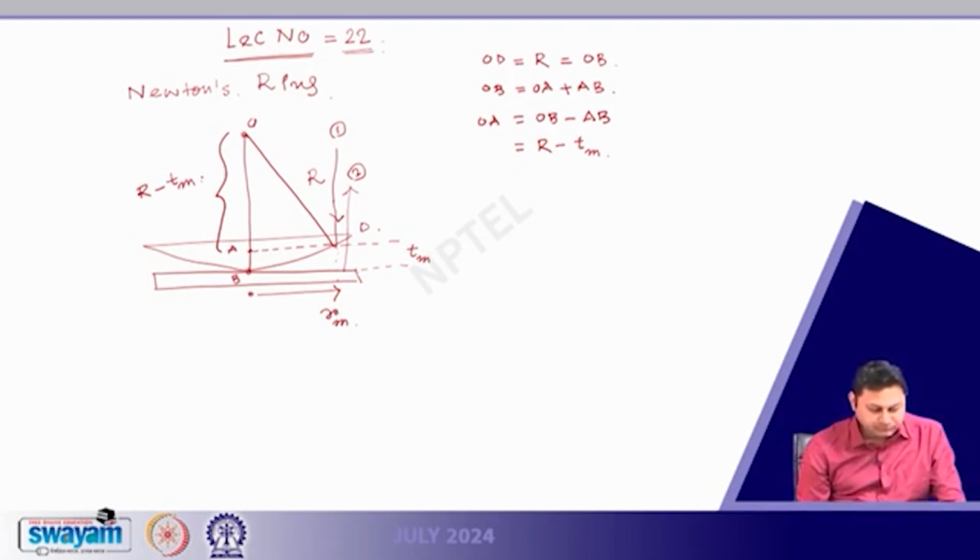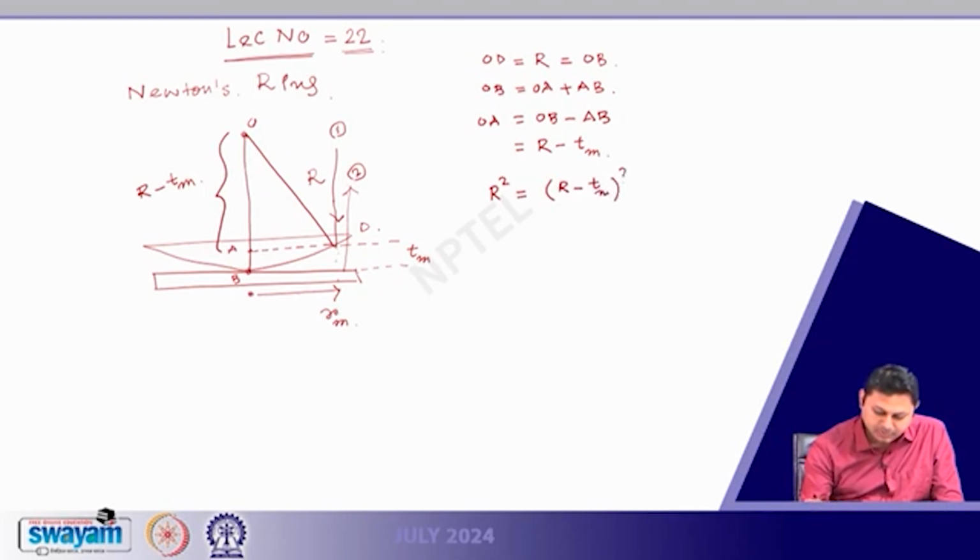Now from this simple geometry we can write that R square is equal to R minus Tm whole square plus AD square.